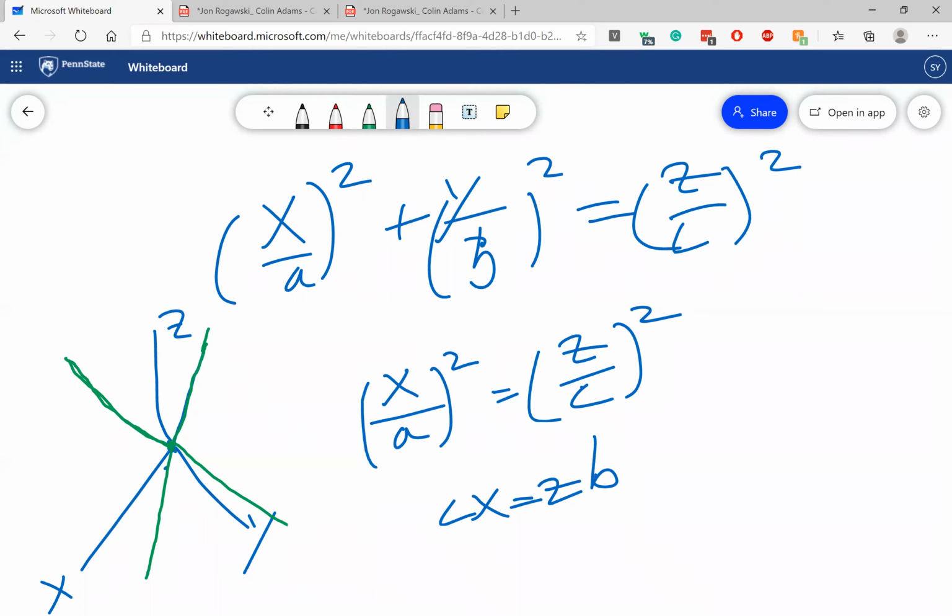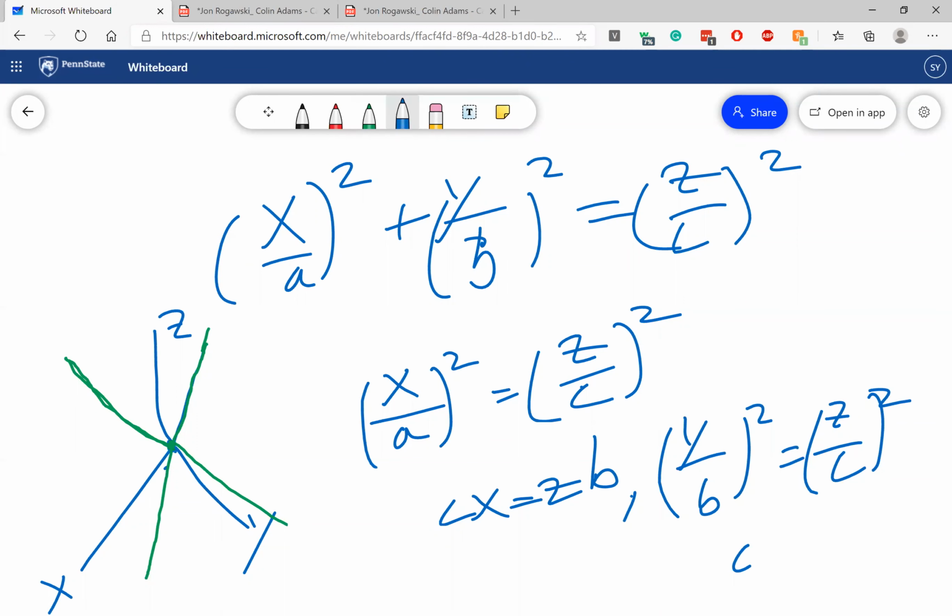And then we can set x equal to 0 and get y over b squared is equal to z over c squared. So that would give us cy is equal to bz. We would get lines again, and this is in the yz plane, and these lines would look something like this.